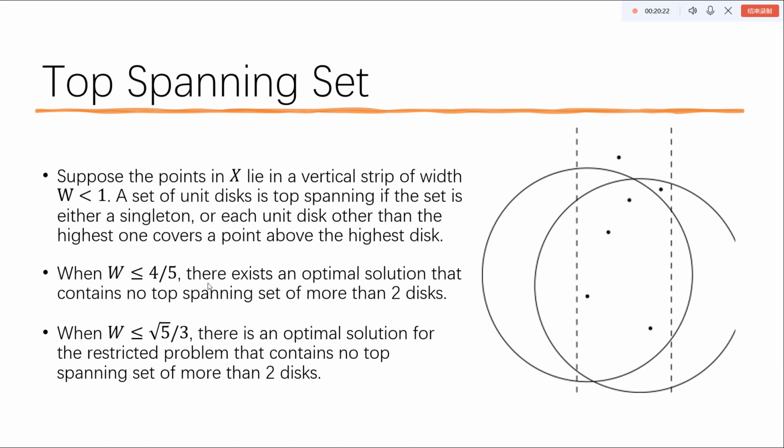We can prove that when the width of the strip is no more than 4 by 5, there exists an optimal solution that contains no top spanning sets of more than 2 disks. So we can apply dynamic programming over all top spanning sets whose size is 1 or 2. For the restricted version, we have a similar conclusion.